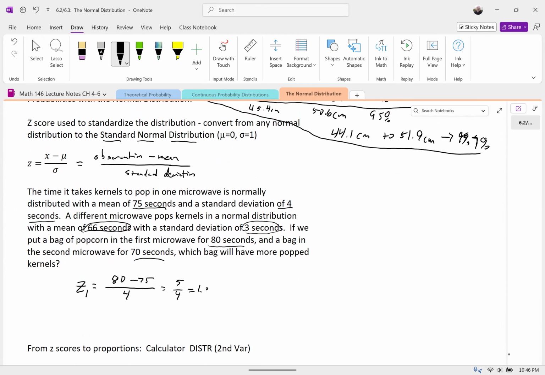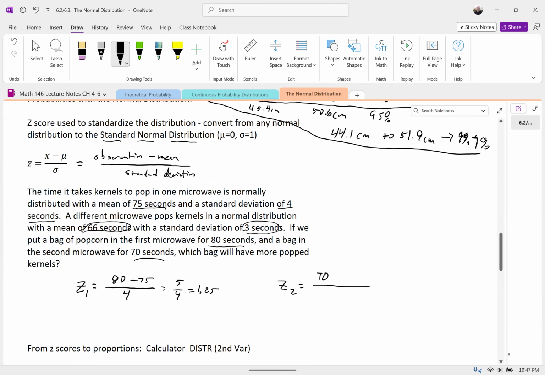I'm looking at 1.25. So that means this 80-second value is 1.25 standard deviations above the mean. You're looking at a relative placement on your distribution. Are you 1 standard deviation, 2 standard deviations, 1.25 standard deviations above the mean?